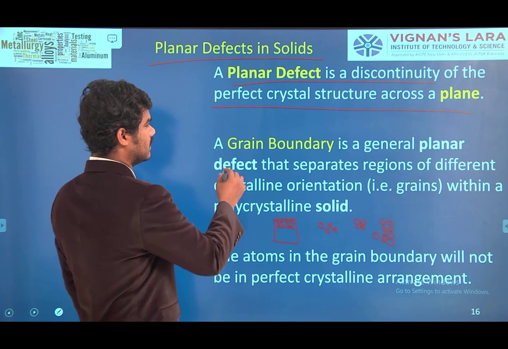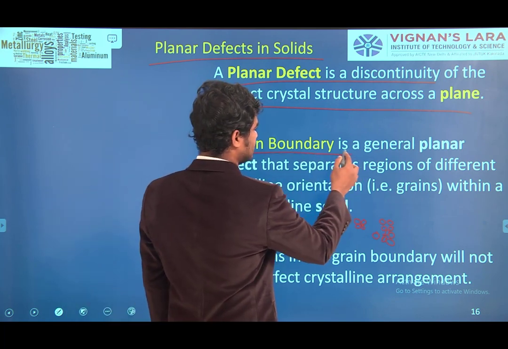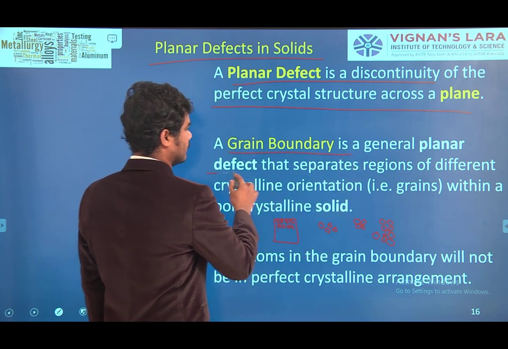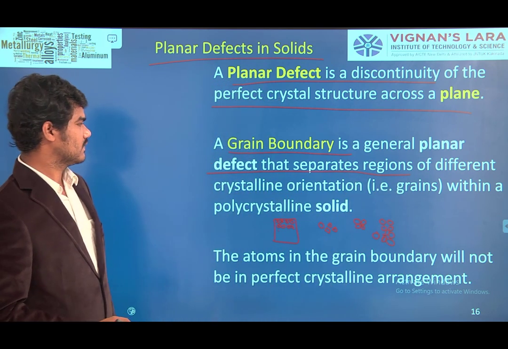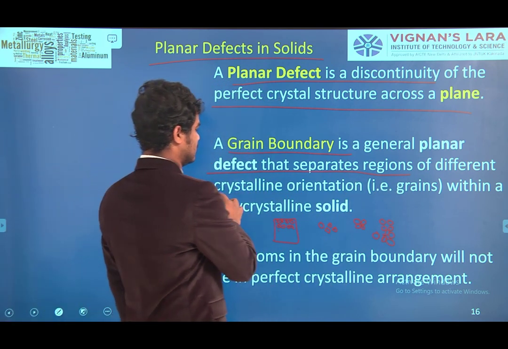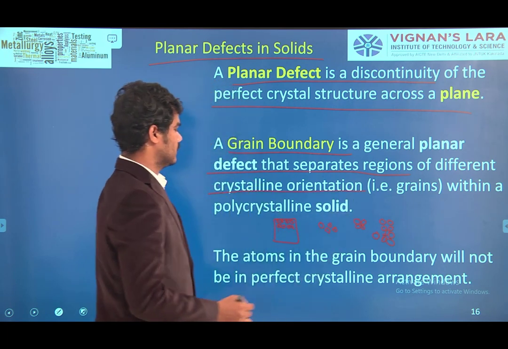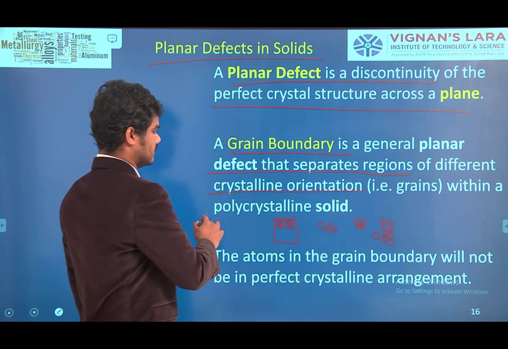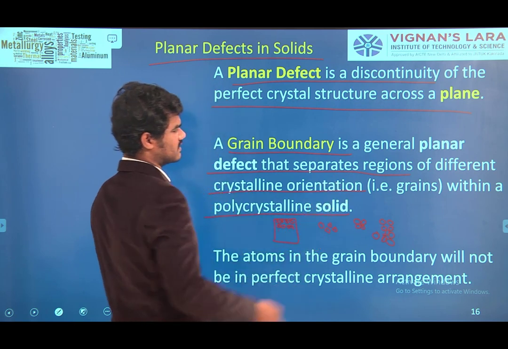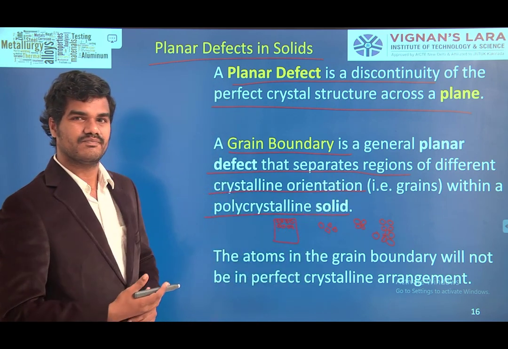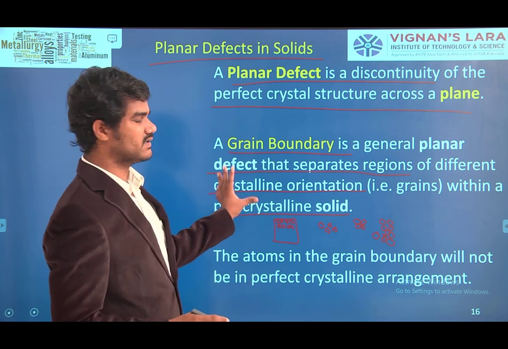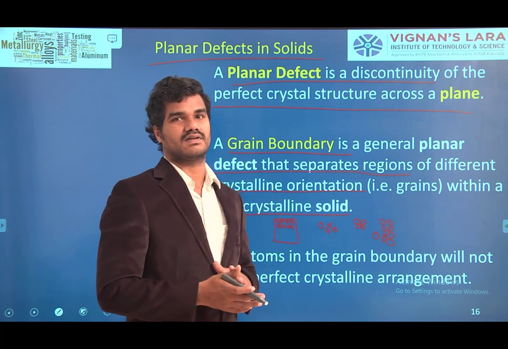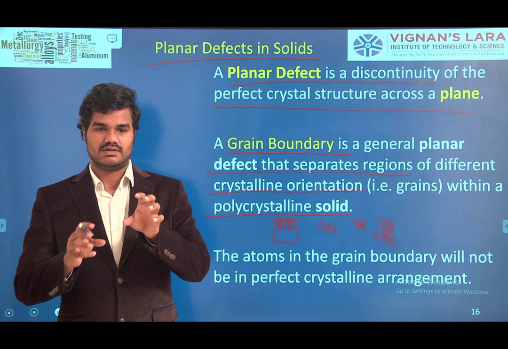So a grain boundary is a general planar defect that separates regions of different crystalline orientations within the polycrystalline solid. We already discussed what a polycrystalline solid is. Here the point of discussion is what a planar defect is.